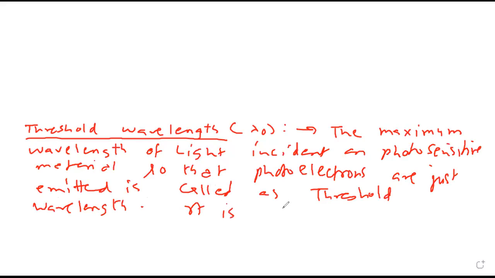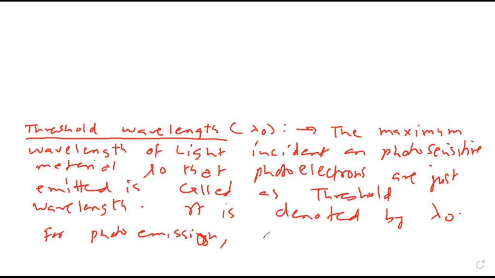It is denoted by lambda 0. So for photoemission, lambda should be less than or equal to lambda 0. Right.